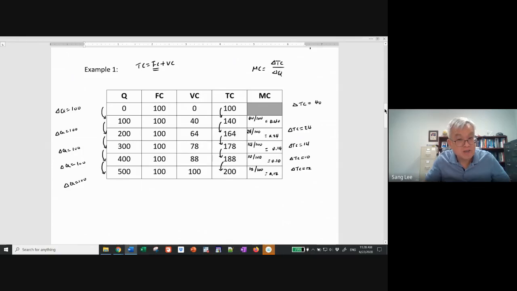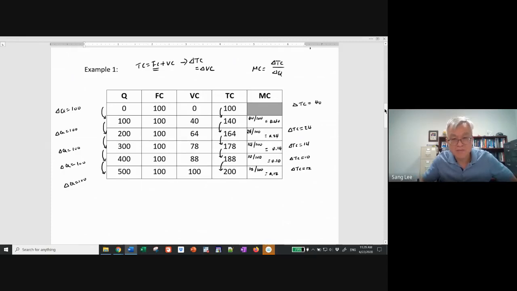Fixed cost does not change, right? So if there is any change in total cost, that must be stemming from a change in variable cost.